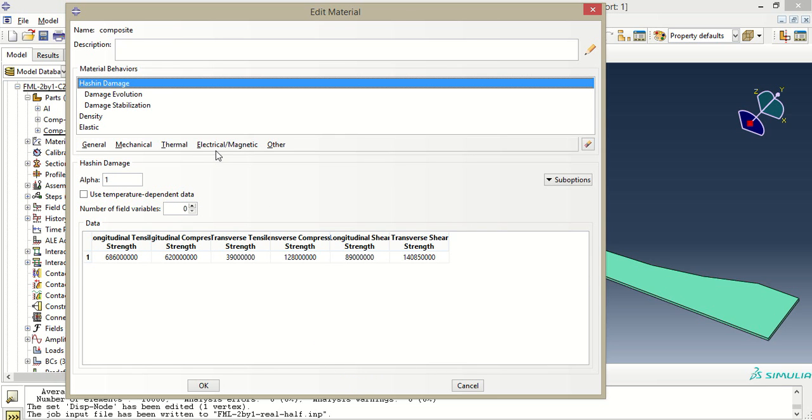Now the Hashin damage criterion is used because, firstly, it is inbuilt in Abaqus CAE, and apart from that it is the most widely used criterion in the literature. It requires different strengths: tensile strength, compressive strength, transverse tensile strength, that means strength in the 90-degree direction, transverse compressive strength, longitudinal shear strength, and transverse shear strength.